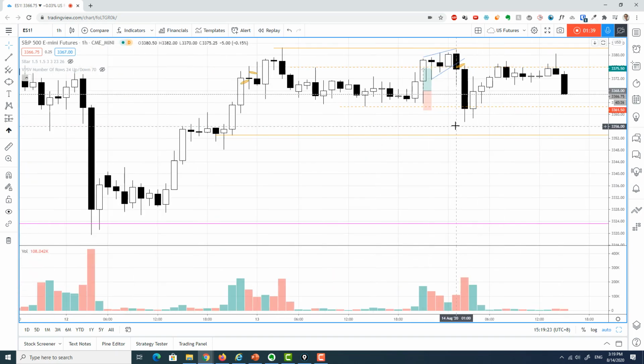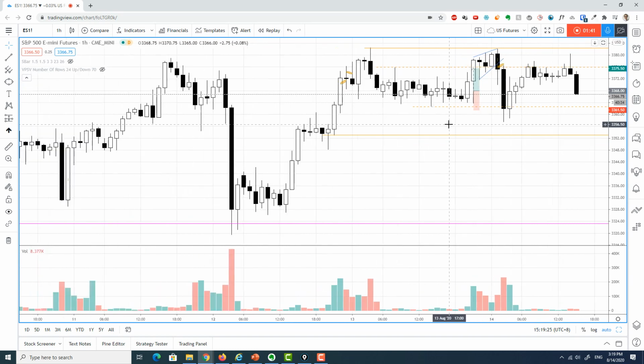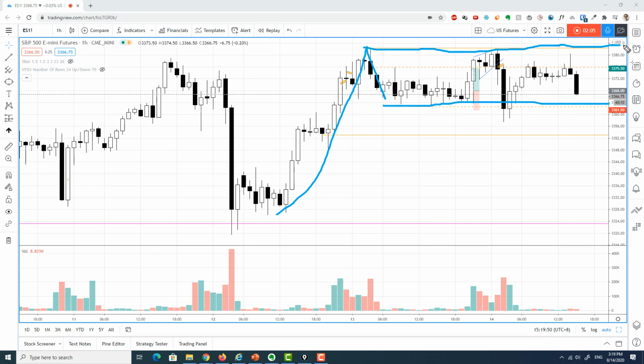As we can see in this hourly time frame, yesterday was a relatively tight range. It's very flat here. The previous day had a relatively good run up followed by a pullback, a change of character, and subsequently we went into a trading range here. That sets up the range trading environment.